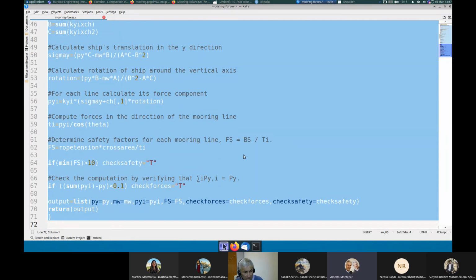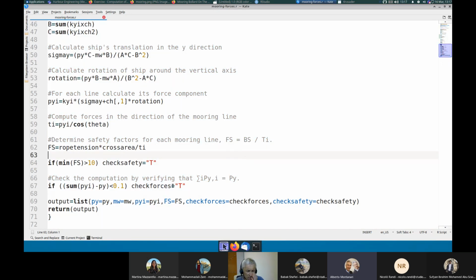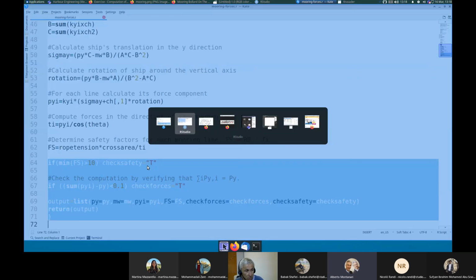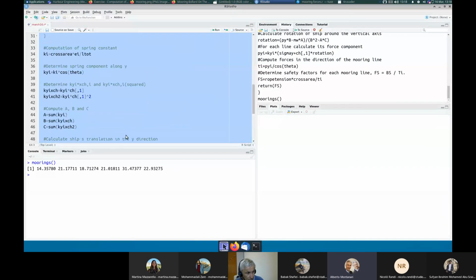And this I copy. I'm getting tired. At this stage, because I'm working on the code, I just need to copy this. Copy. And I go back to RStudio.